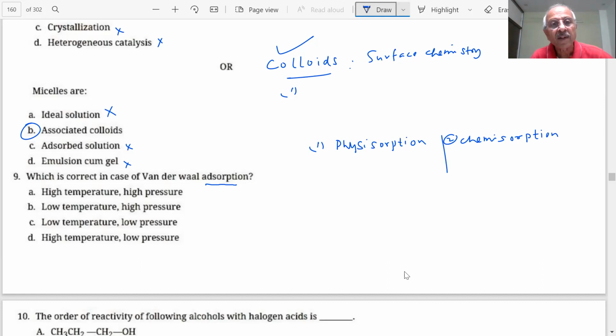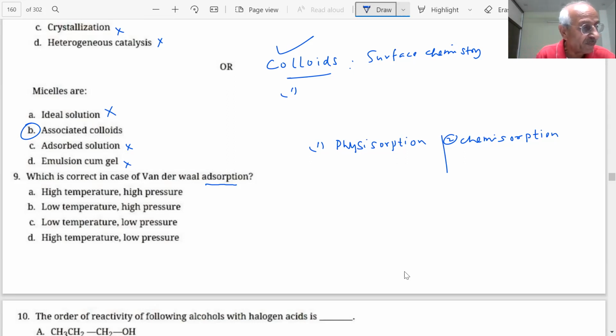If the molecules are sticking at the surface, then you need low temperatures. It decreases with increase in temperature. And this can form multilayers, you know. There can be formation of multilayers in this case.